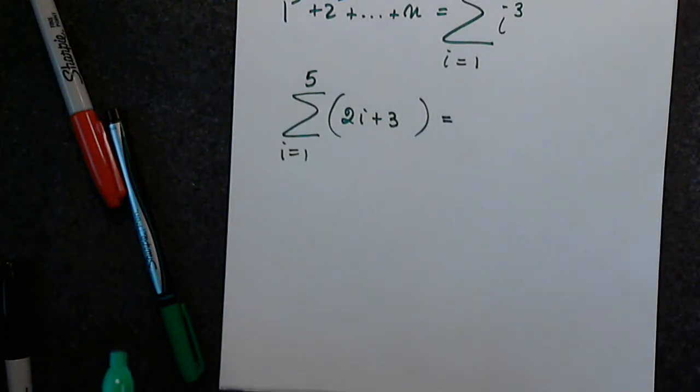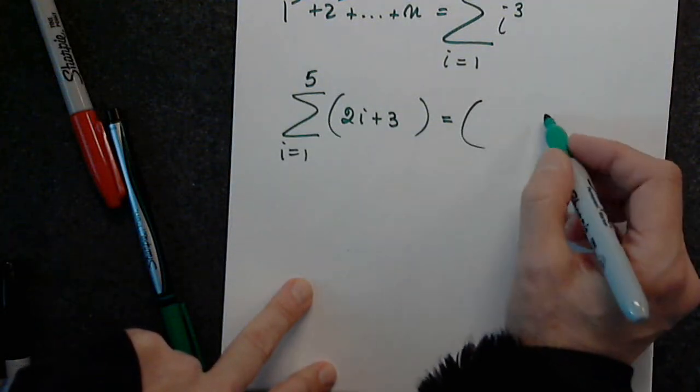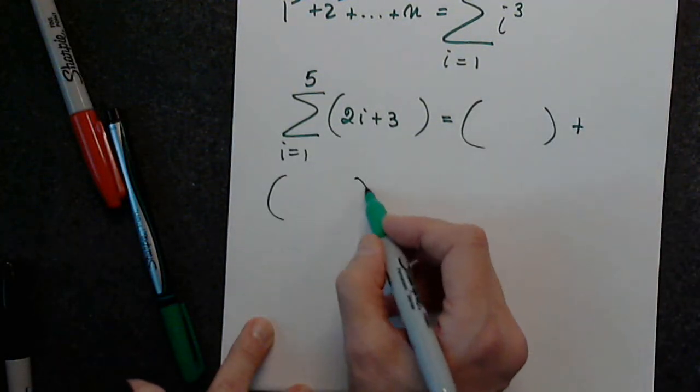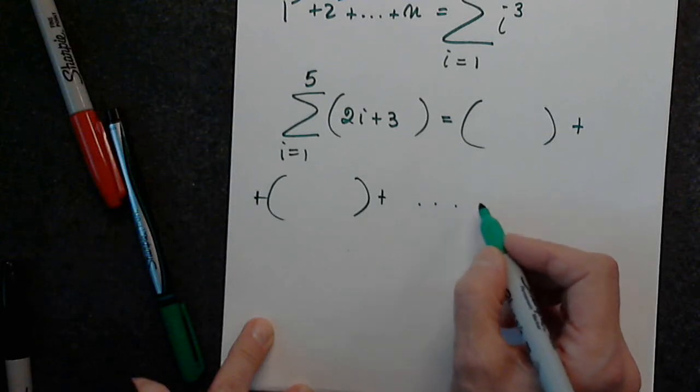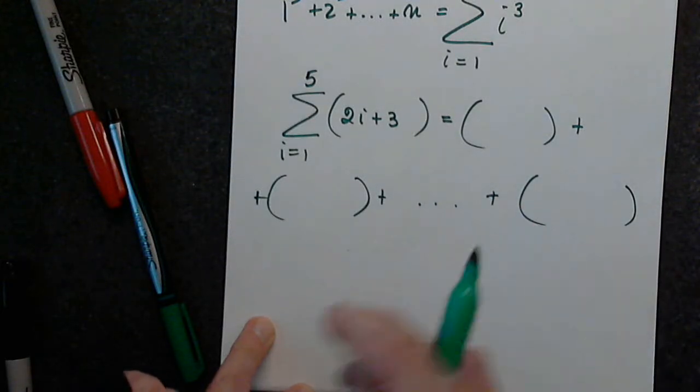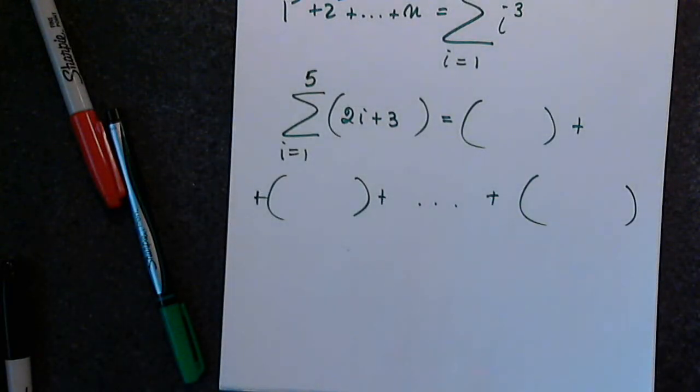How many terms will you give me for this sum? When i is 1, 2, 3, 4, 5. 5 terms. Okay, please give me the first term, and then the second term. And then I trust you to give me the last one. Do not calculate anything. I just want to write the notation.